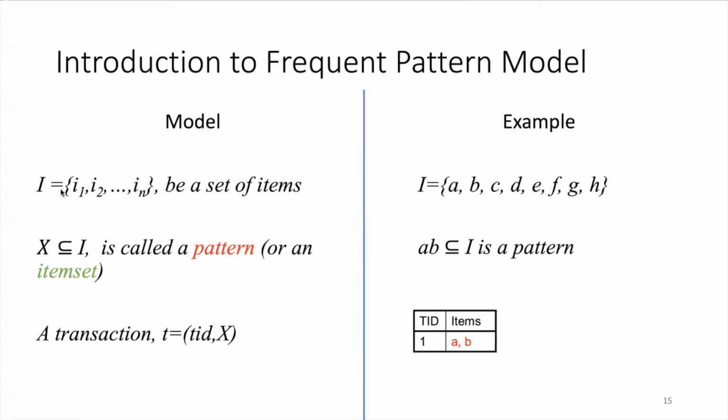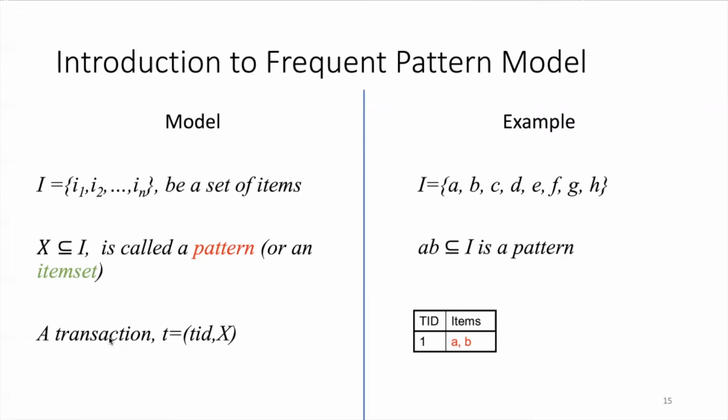Assume we have some items I1 to IN. In this case, we have items from A to H. A set of items is called an item set or a pattern. So for example, AB is a pattern. Similarly, A, B, C, D, E, F is also a pattern. So all of them are patterns.